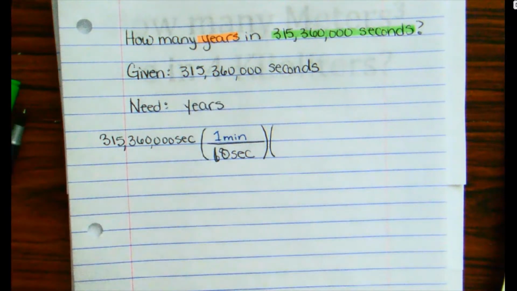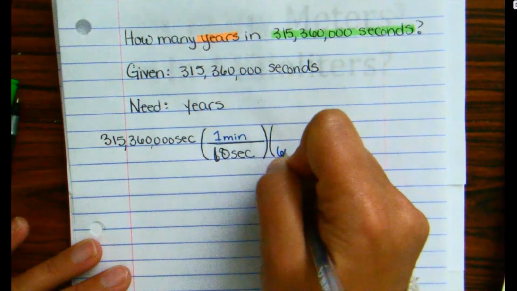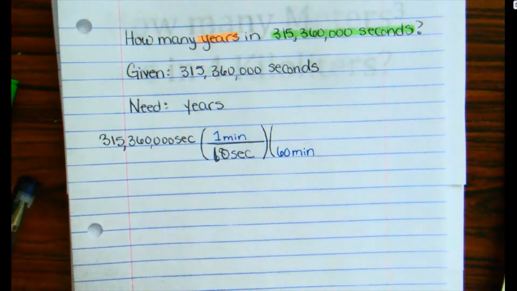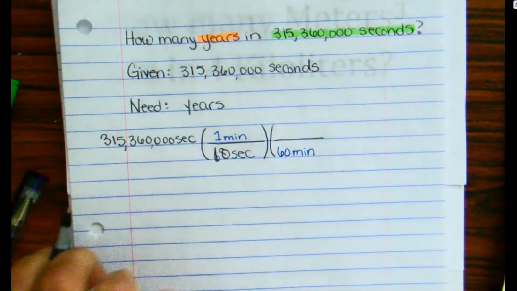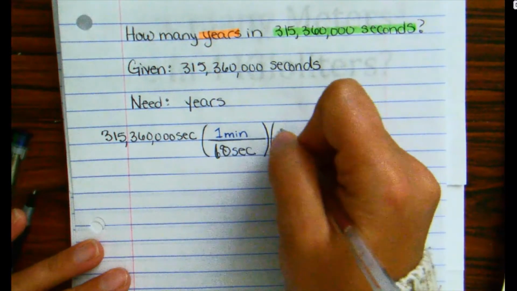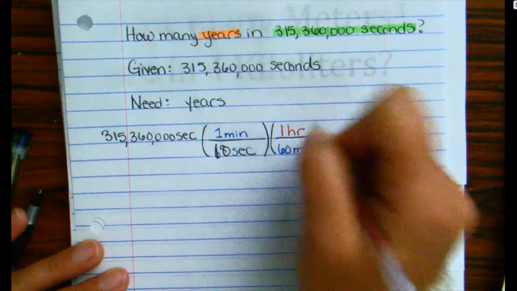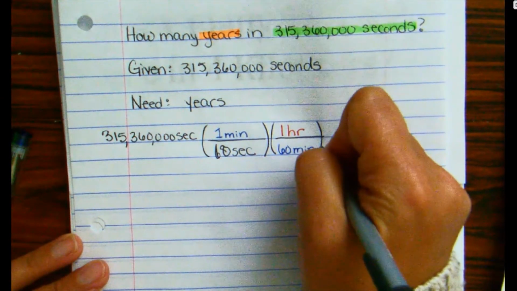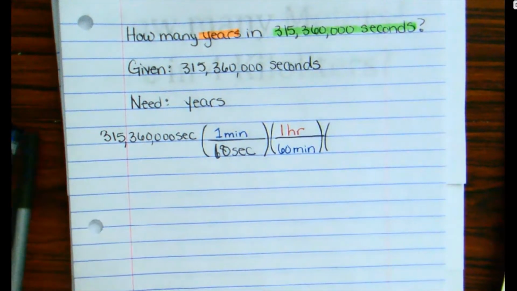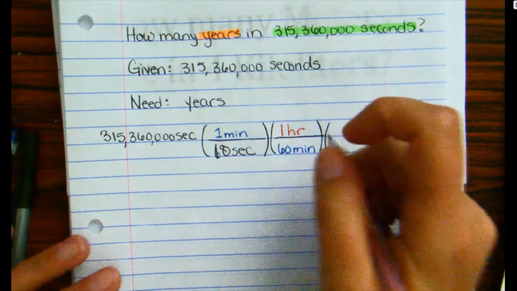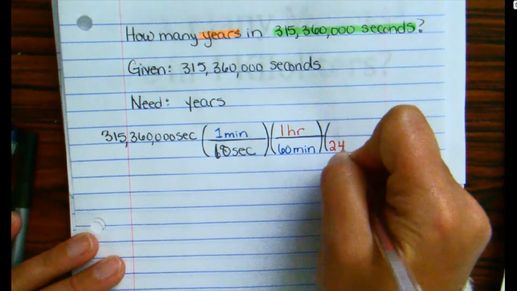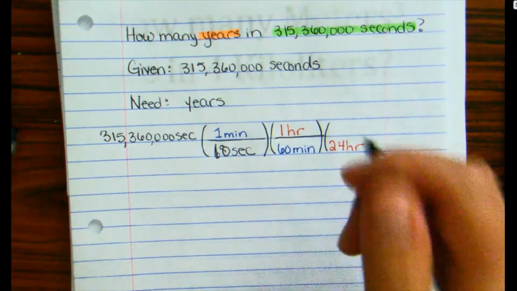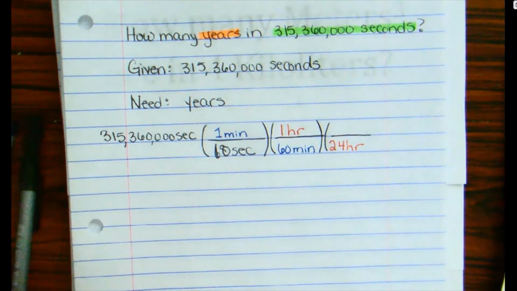And we know for every 60 minutes, we have 1 hour. We're still not at years, so we have to step it up a little bit. And we know that for every 24 hours, we have 1 day.